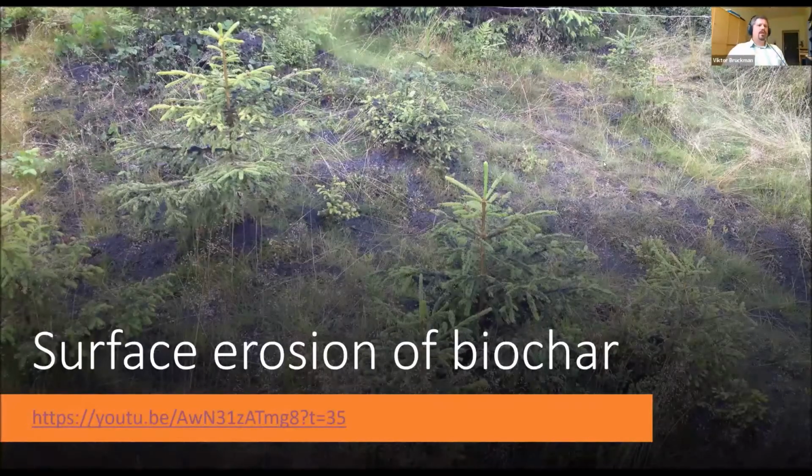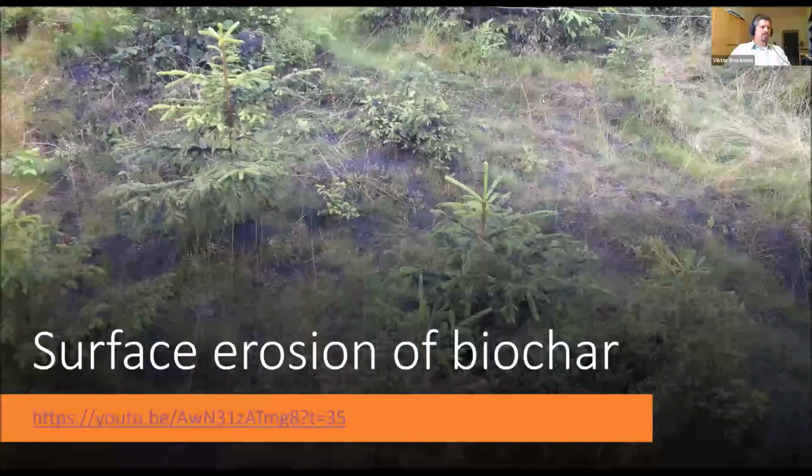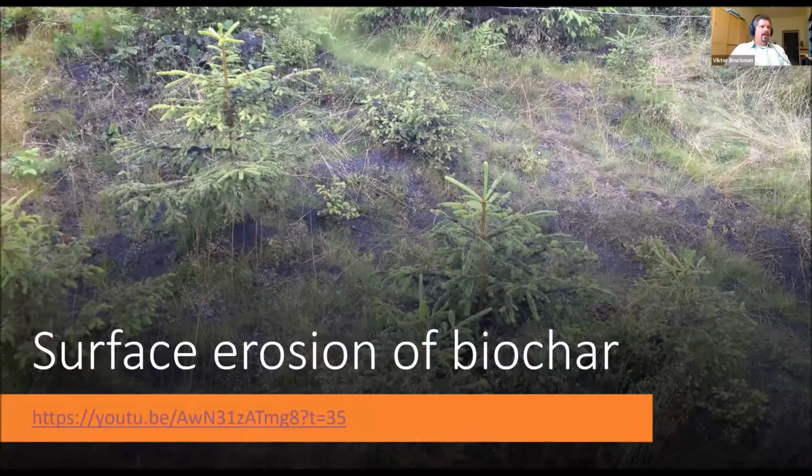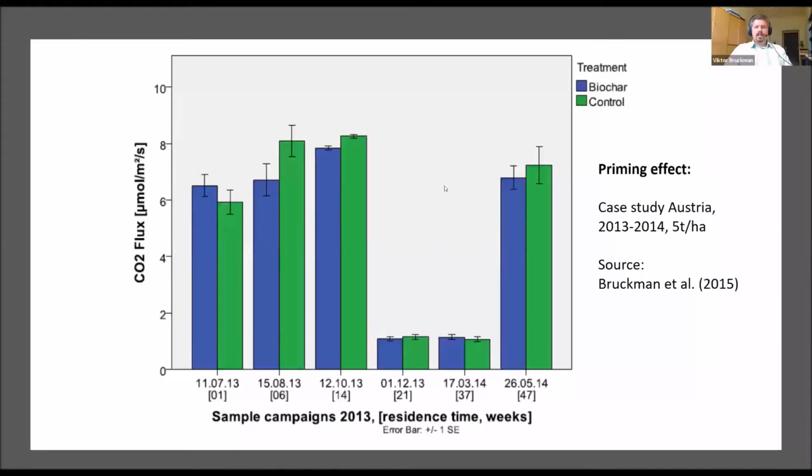Okay, what I wanted to show with this is that you have to look at the optimal time when you spread this biochar, and this is basically in times when there's not too much wind, especially just after spreading.